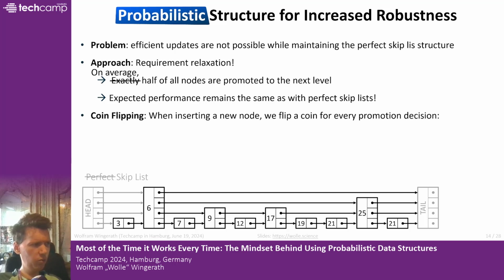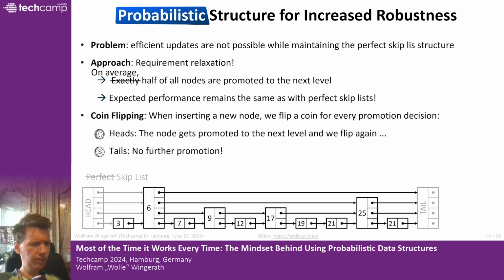So you insert a node, and the levels, or the pointers that you wire this node up with, are determined by some value p, which is 50% in the standard case for lectures, but you could also modify that. So for example, you flip the coin, and if it's heads, then your node will get promoted to the next level. Then you flip again until you get tails. And once you get tails, you stop promoting your node.